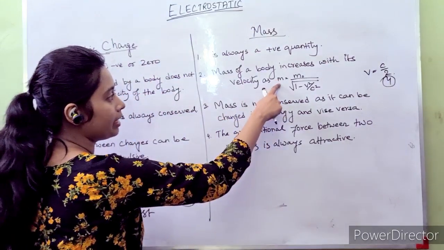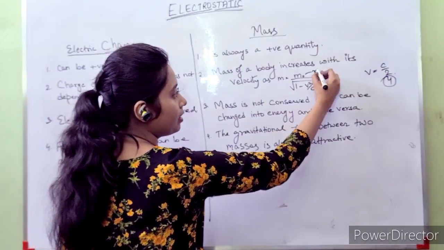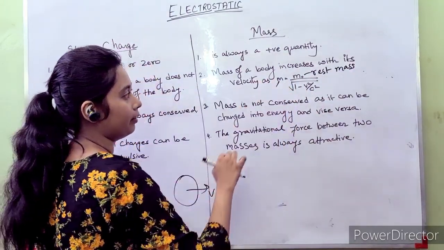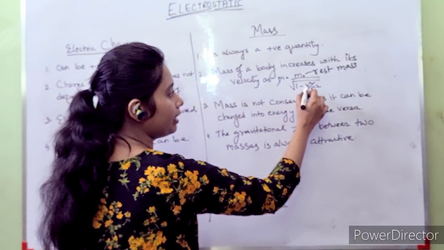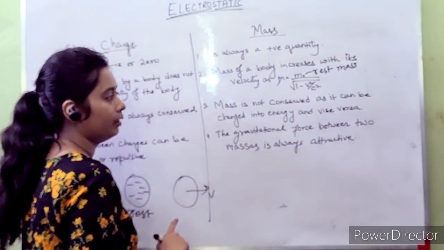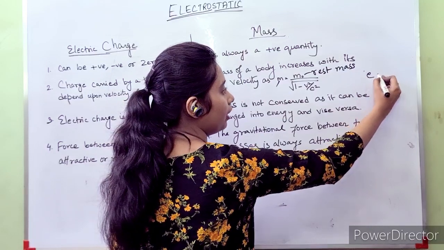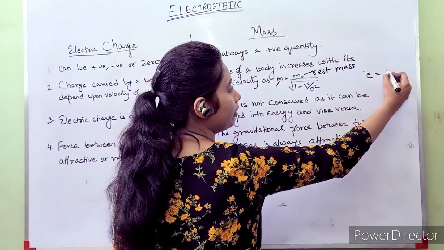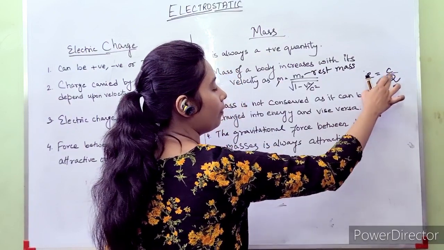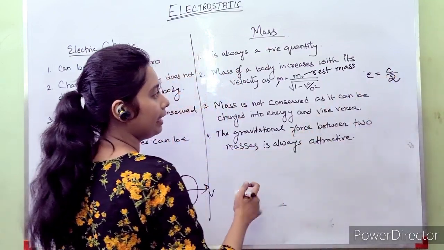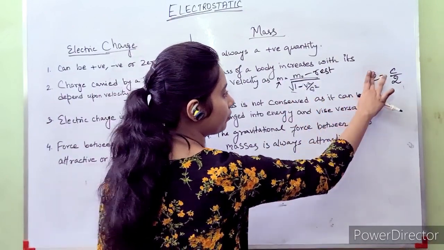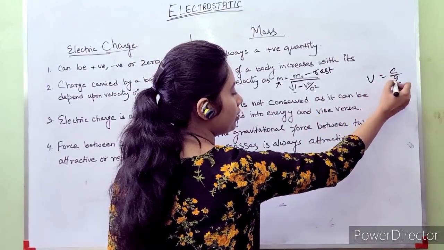Like m equals m0 divided by the square root of 1 minus v square by c square, where m0 is the rest mass, m is the mass of the body, v is the velocity of the body, and c is the velocity of light. If one electron has a velocity of c by 2, that means half of the velocity of light, so v equals c by 2.